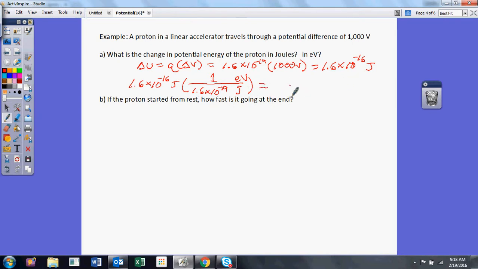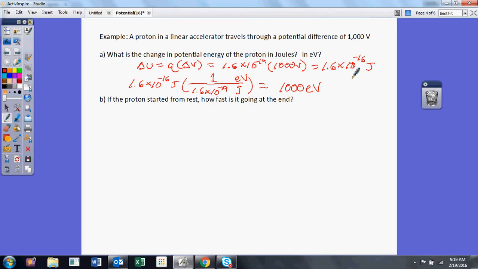So that is equal to 1,000 electron volts. It's a little more convenient to deal with that. If you're working in the particle physics world, sometimes you'll have mega electron volts, sometimes giga, and even tera sometimes, but it's still better than carrying around the whole 10 to the negative 16th type stuff all the time.